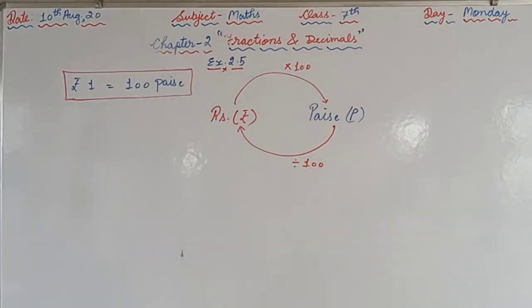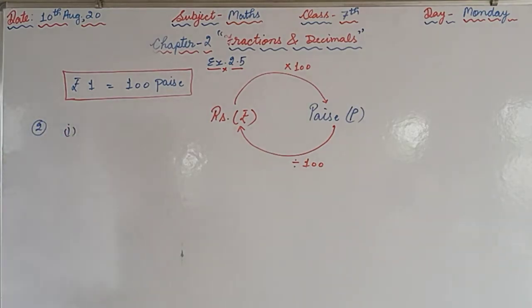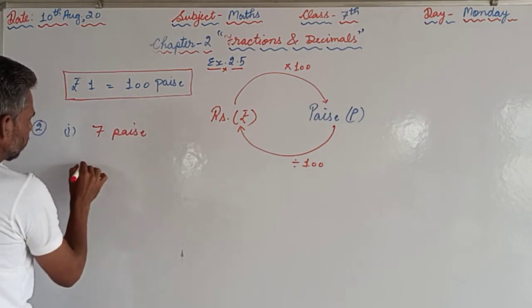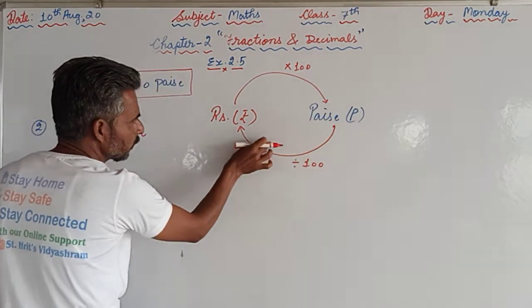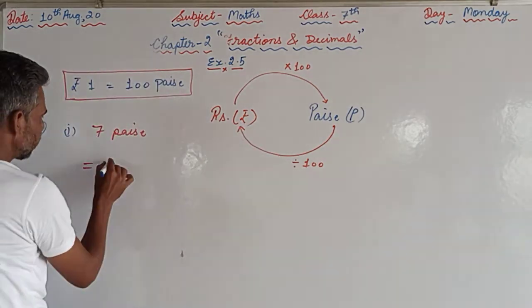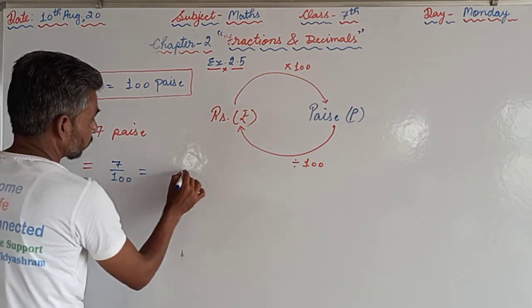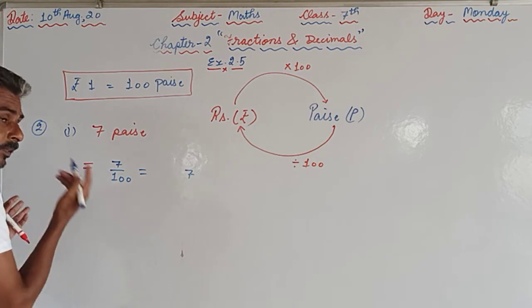So in question number 2, first part, how many paise is given? That is 7 paise. We are supposed to convert it into rupees. So what we have to do? We have to divide by 100. 7 divided by 100. Now we are supposed to place the decimal.